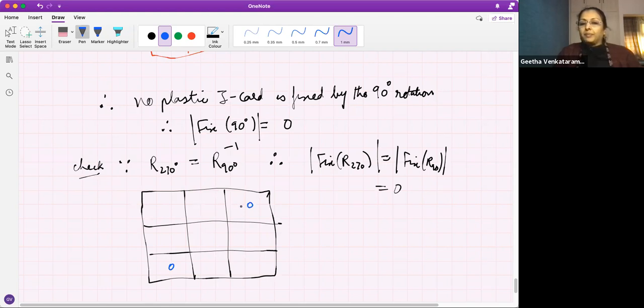So what I again get is X itself. So the person is absolutely right that when you do a 180-degree rotation and you have these punched holes in these 2 places, then it is fixed by the 180-degree rotation.